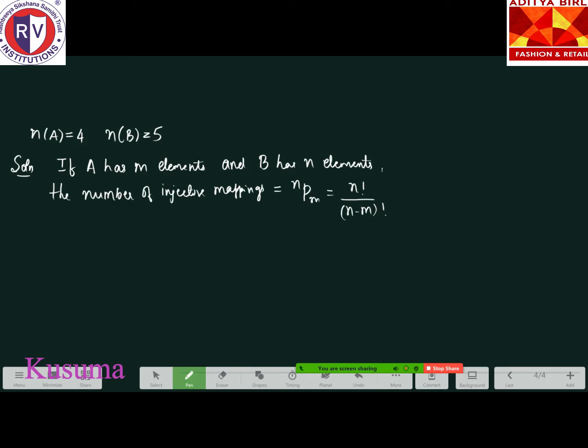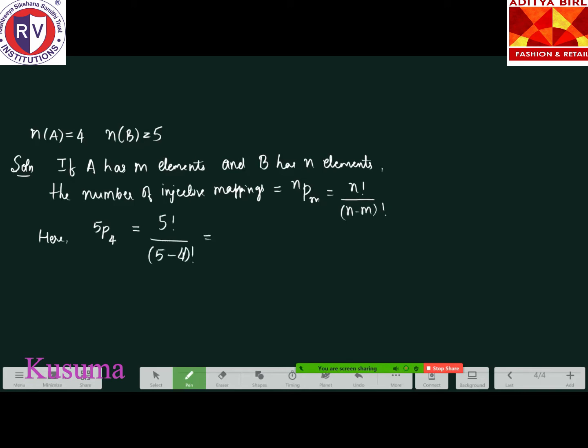Now here the number of elements in the set A is given to be 4 and the number of elements in the set B is given to be 5. So here it is 5P4, right? Because there are 5 elements in the set B and 4 elements in the set A, which is nothing but 5 factorial divided by 5 minus 4 factorial.